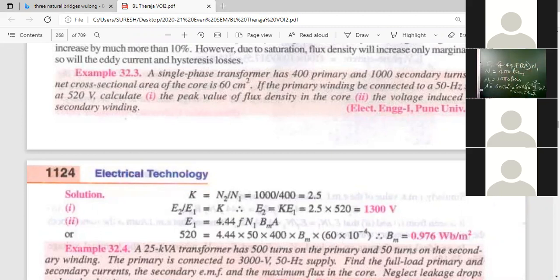That is the first bit. Verify whether the answer we are getting is the same as in your text.